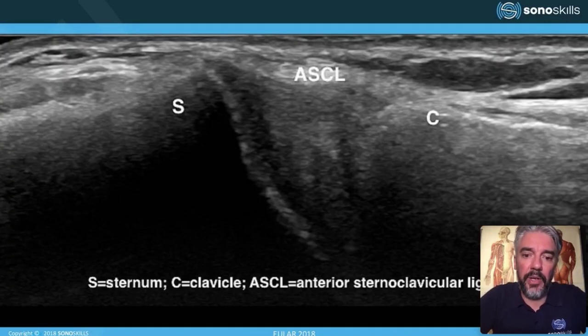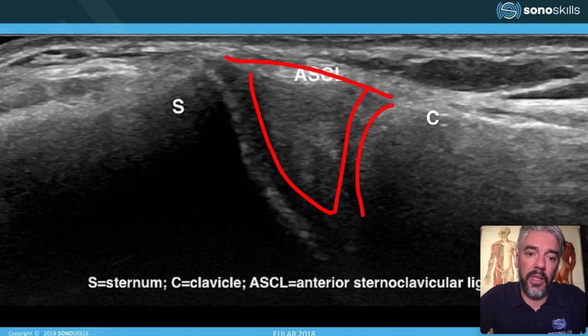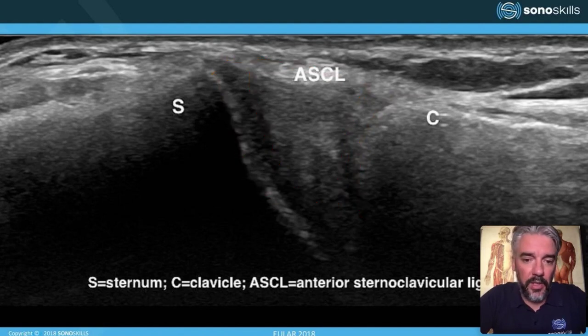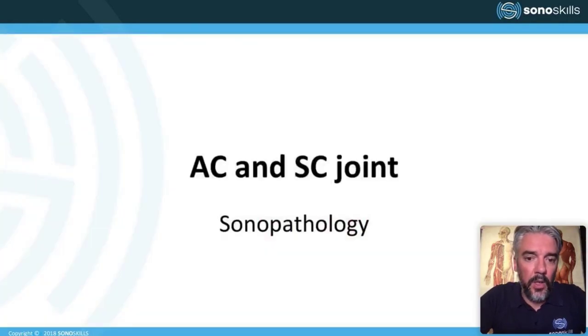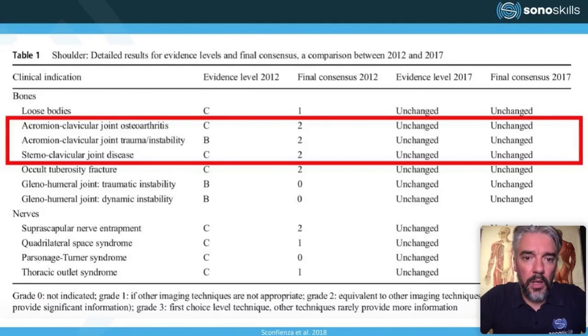This is the anterior sternoclavicular ligament, or the capsule, and we can see the disc and the bony partners of the joint. Looking at the AC joint and SC joint, according to the ESSR consensus statement, scoring a 2, so it's equivalent to other imaging techniques.